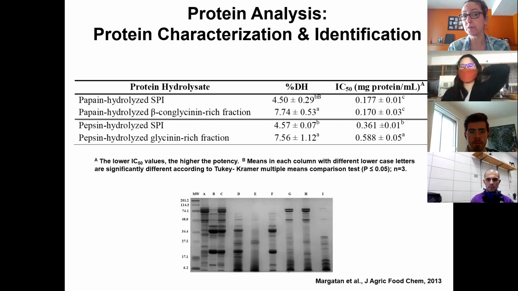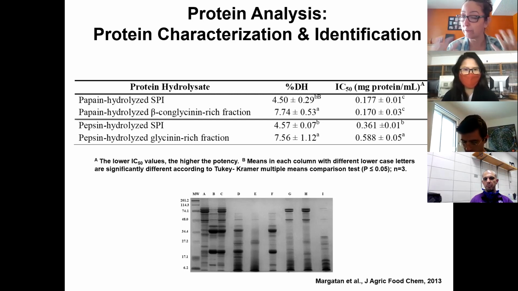What we tried to prove here is that instead of having to fractionate these separately, adding excessive time to the process to produce a fraction that is rich in one protein versus another and then hydrolyze it to produce the antihypertensive peptides, we could use LC-MS to show that whether we hydrolyze the purified fraction or hydrolyze the same protein within the isolate before fractionation, we're going to get the same output.